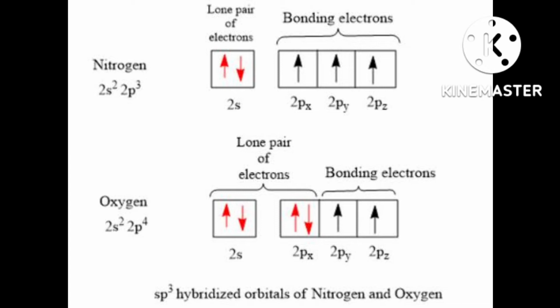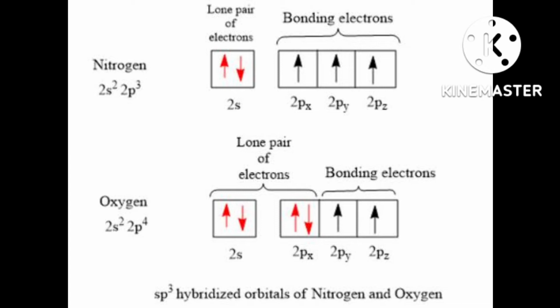If the hybrid orbitals are to lie along the z-axis, then spz; if px is coming, then spx; if py is coming, then spy.